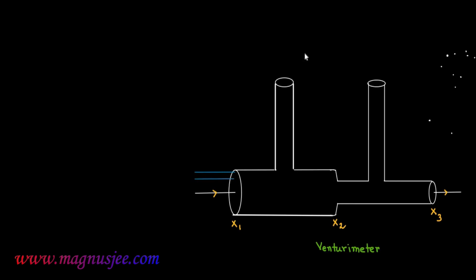of a venturi meter, two pipes X1X2 and X2X3 are connected in series combination, and liquid flows from the pipe X1X2 to X2X3.